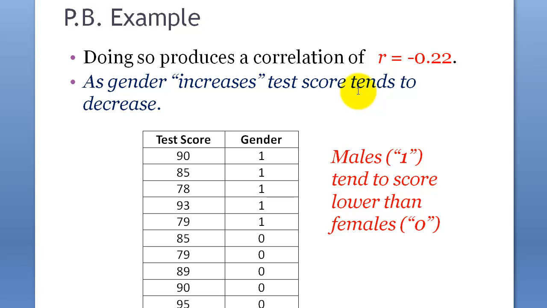Doing so produces a correlation of r equals minus 0.22. Okay, so slightly less than a medium correlation. As gender increases, test score tends to decrease. That's what it's showing. Gender increasing means going from female to male. Then test score tends to decrease.